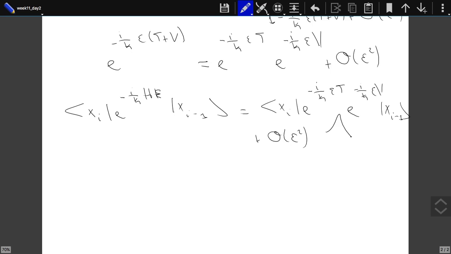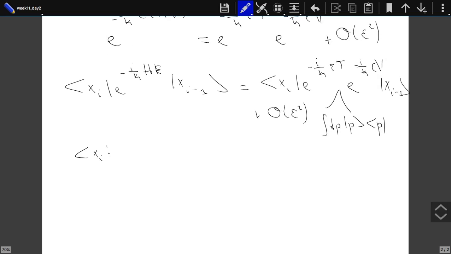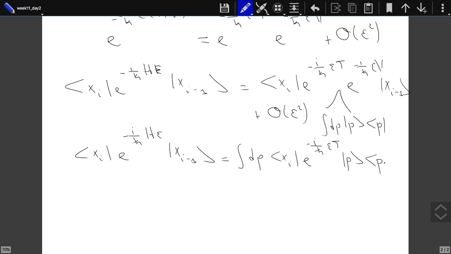So we insert the identity, and this is equal to the sum over all the momenta, xi e to the power minus i over h bar epsilon T p, e to the power minus i over h bar epsilon V xi minus 1. Let's say this is pi.